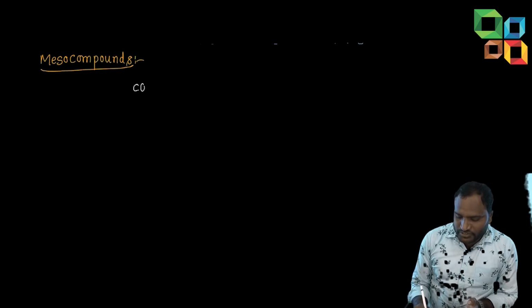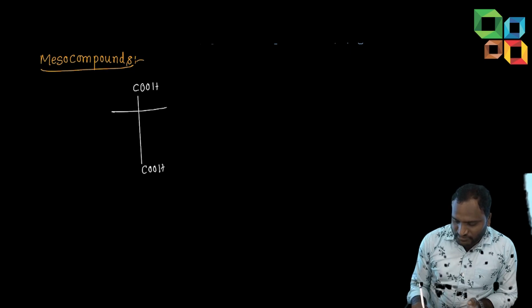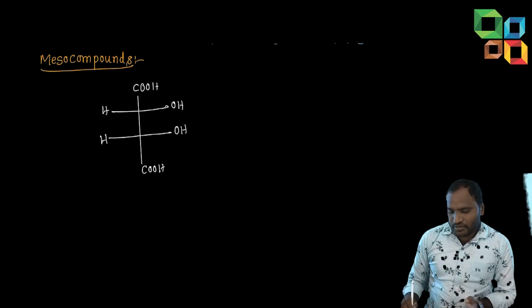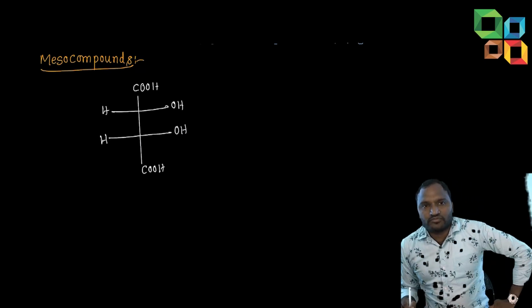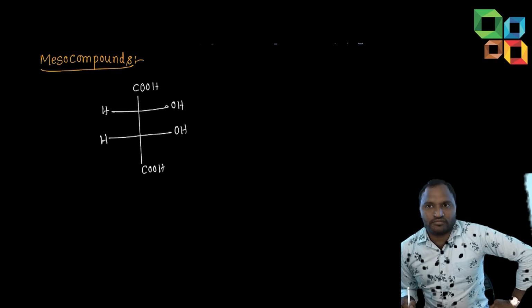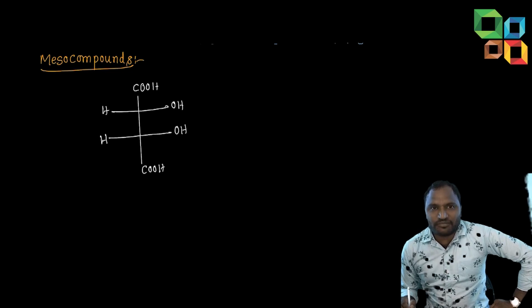I will give an example, students. You only tell me what you observed in this meso compound. Earlier also I had given this example. What did you observe, students, in this? It is symmetric. Which symmetry?